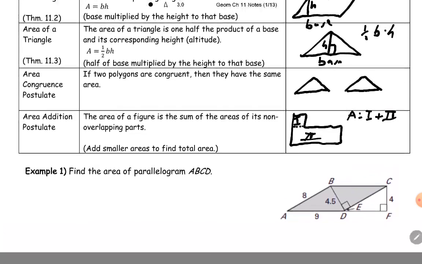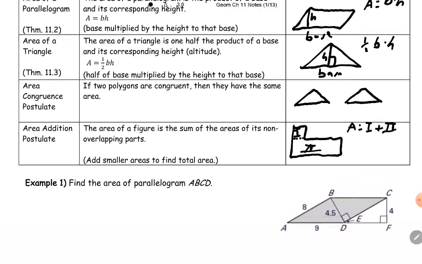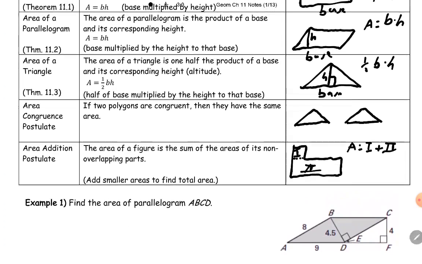Alright, example 1. Find the area of the parallelogram ABCD. Okay, so we're just looking at the shaded region here. They throw in some other numbers there, but you just want to be certain that you have a base.